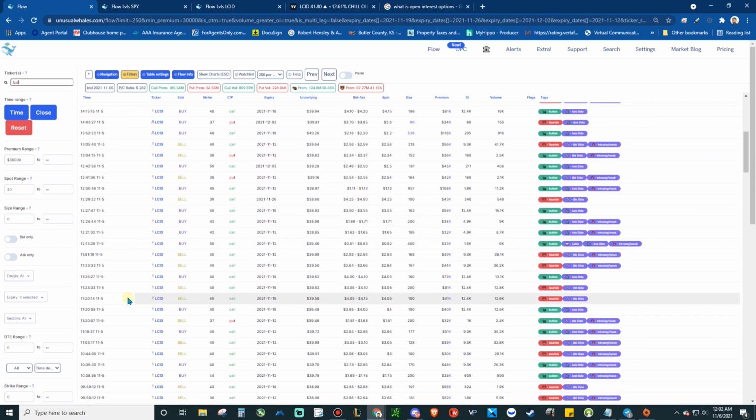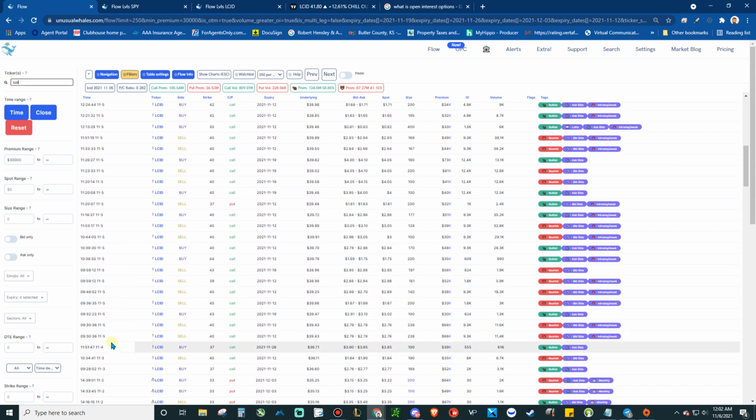So let's start off at the beginning of the day, which would have been the first trade of the day, and it was bearish. Okay, so the 66,000, 30,000, these aren't necessarily buy or sell signals, especially if they're short put or short premium. That's what I mean. If you start seeing short premiums, either calls or puts, I kind of just ignore that, unless there's a ton of it.